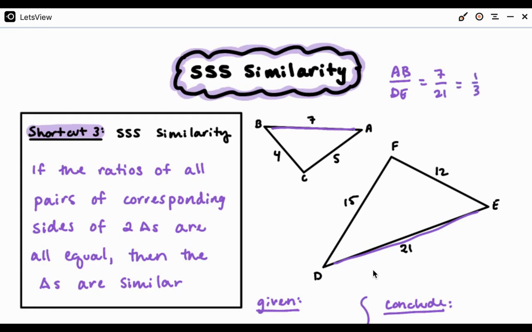Okay, so let's check our others. BC over EF, that's 4 over 12, also 1/3. CA over FD, 5 over 15, also 1/3. So our ratios of corresponding sides are all equal.